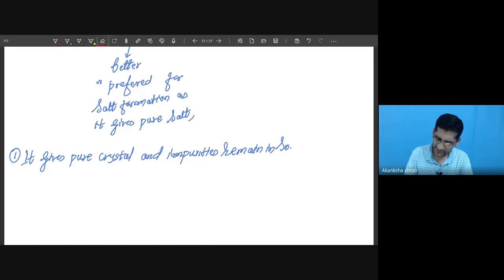So it gives the pure crystal, the impurities remain.